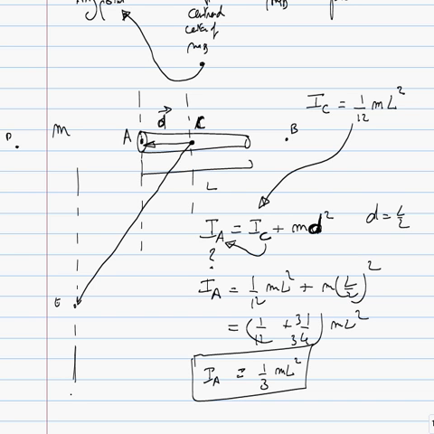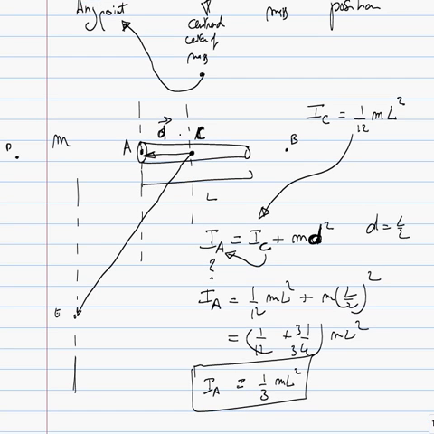I would translate from here to here, then from here to here. Obviously, the translation vector is squared, so it doesn't matter whether you go left or right.